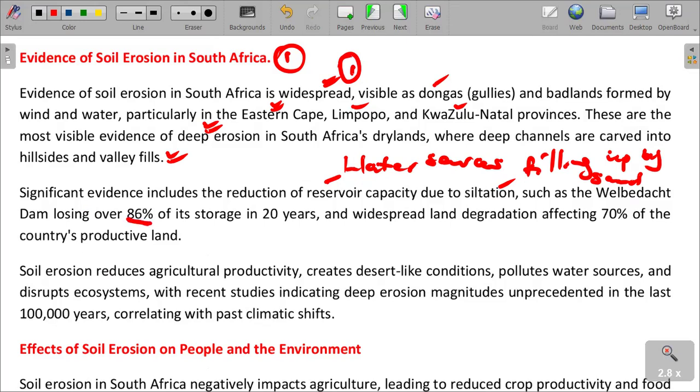The reduction in the dam capacity is evidence of erosion in South Africa, whereby 86% of the dam has been occupied by sand, and widespread land degradation affected 70% of the country's productive land. So much of South Africa's land has been degraded as a result of what? As a result of erosion.